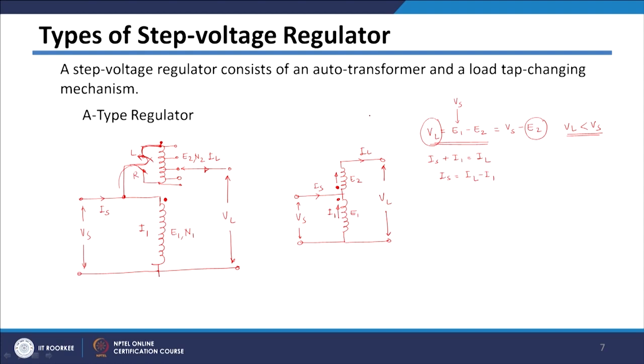So, this is when the switch is connected to the L position, and when it is connected to the R position, again I am just drawing your regulating winding, and this is the common winding, and this is your VL here, and this is your Vs here.